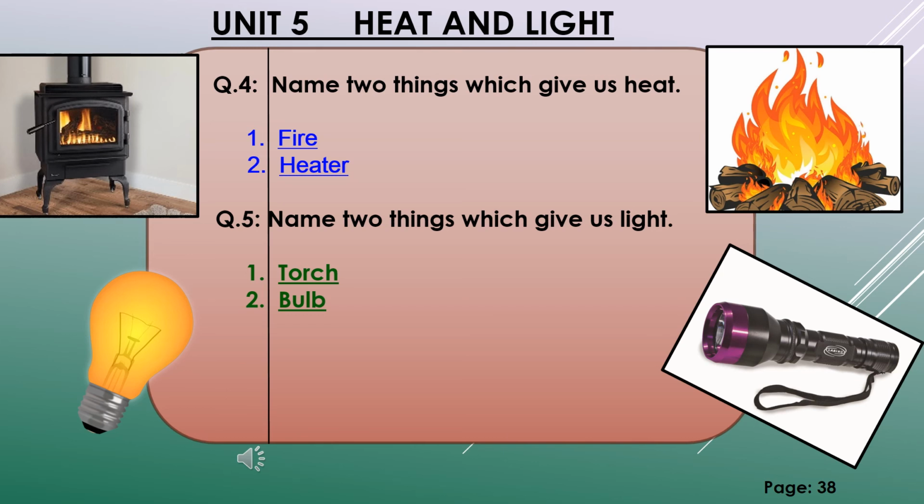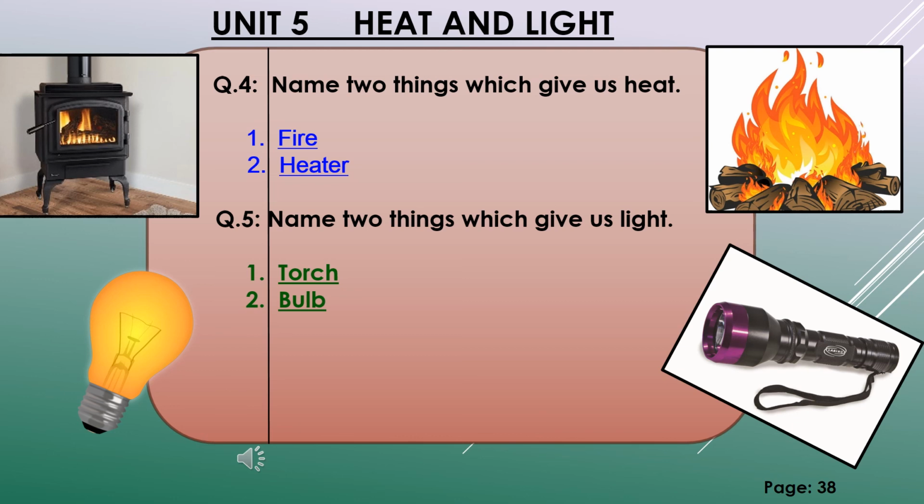Okay, now question number 5, and that is name two things which give us light. Now you have to write the name of any two things which give us light, and I have written torch, bulb. I have also pasted the pics.